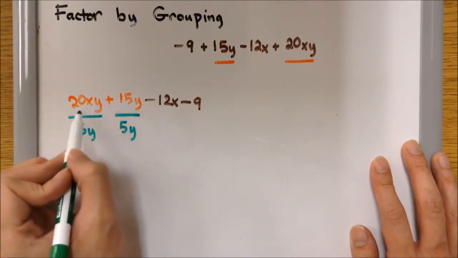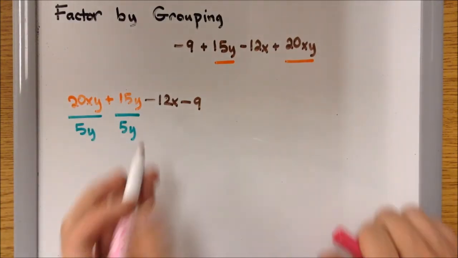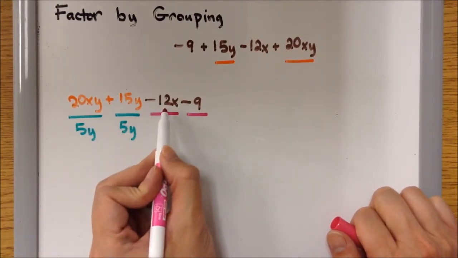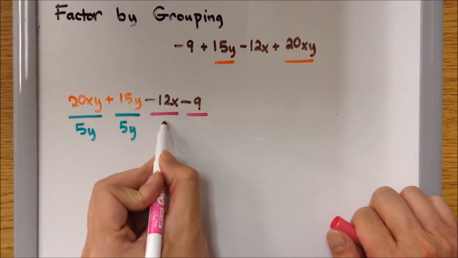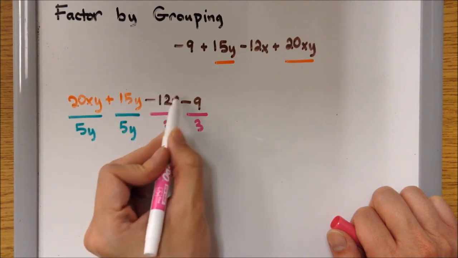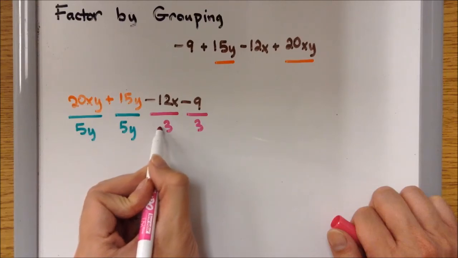So what's common between these two is 5y. Now looking at the right side, the only thing that's in common is the numbers, which is 3. Now, the first term of the right side is negative, so I'm going to factor out negative 3.